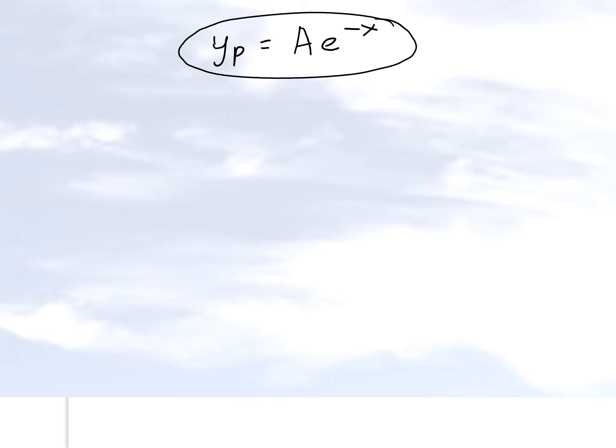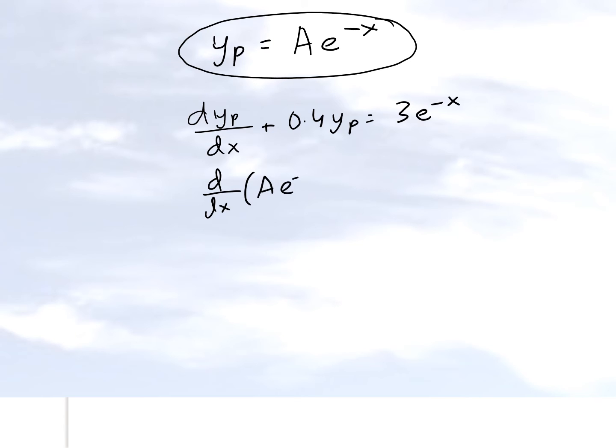How do we go about finding what a is now? We substitute the particular part of the solution, whose form we just gave, back into our differential equation, and let's see what happens. We take d by dx of a e to the power minus x.